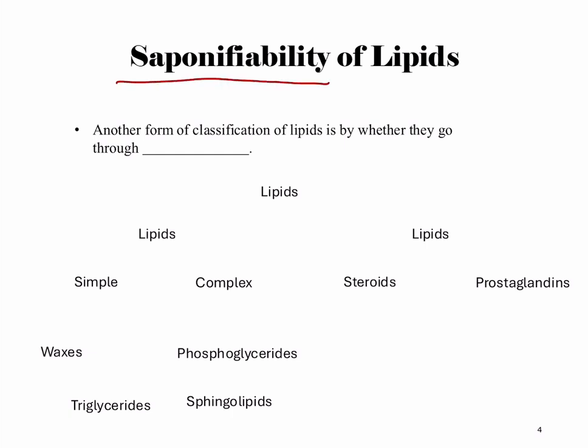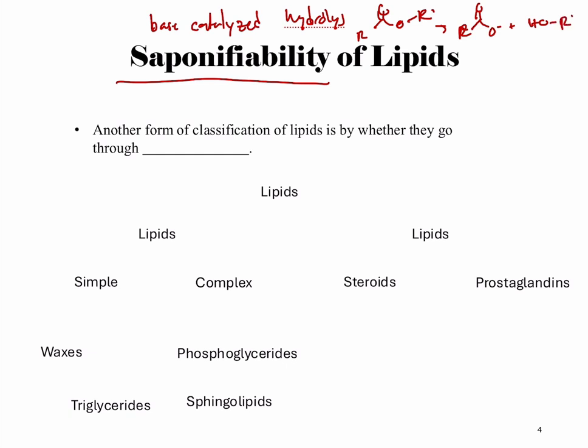Saponification, if you guys remember, is base catalyzed hydrolysis, where when we hydrolyze an ester bond, for example, it'll leave us with a carboxylate ion instead of a carboxylic acid, and an alcohol, right?